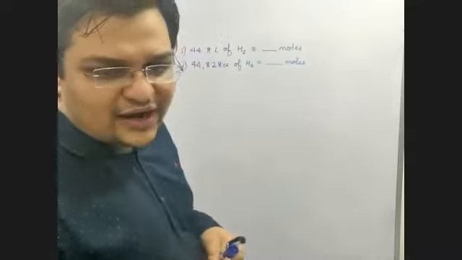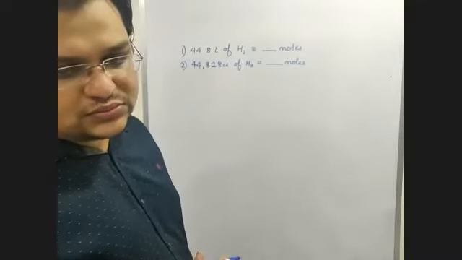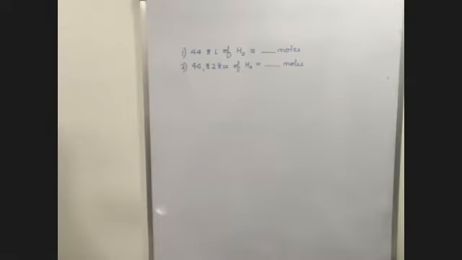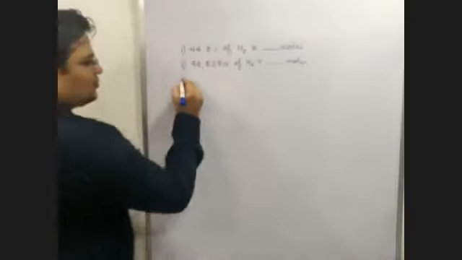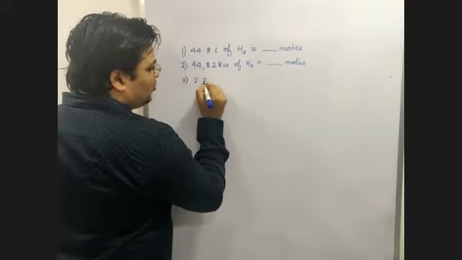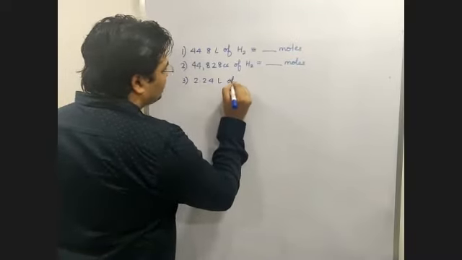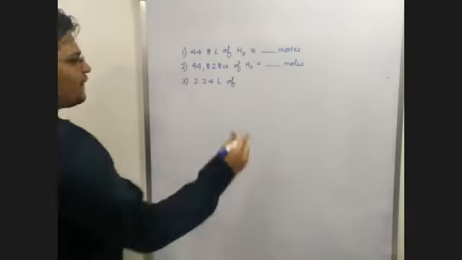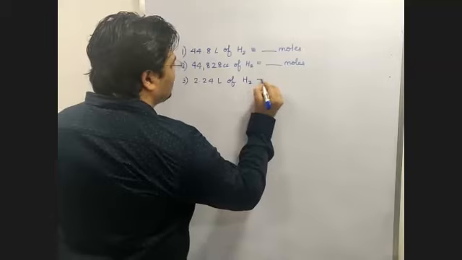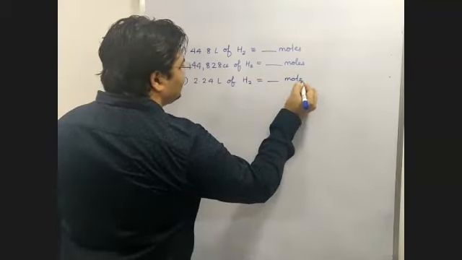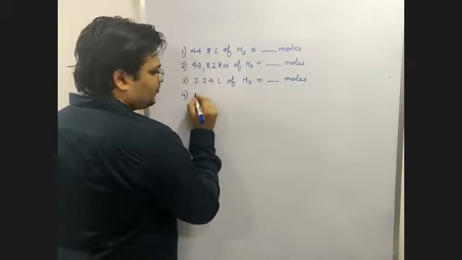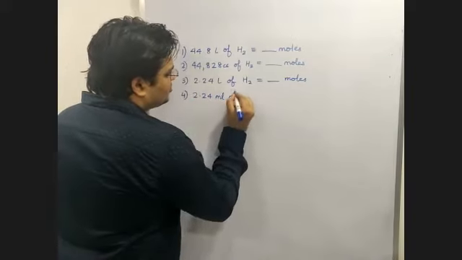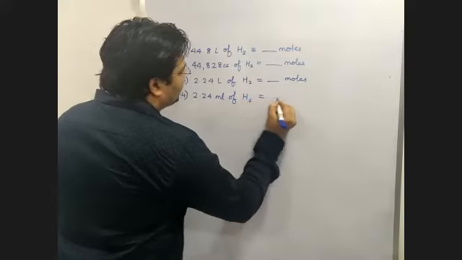Can I say now I have to divide by 22,414? 2.24 liters of H2 is dash moles. 2.24 ml of H2 is dash moles.